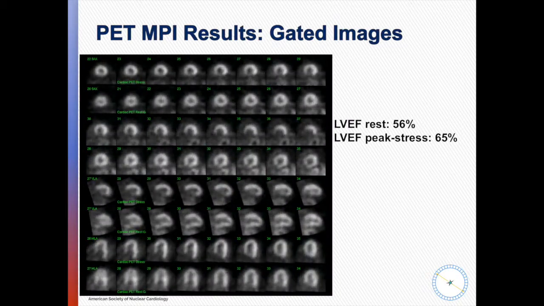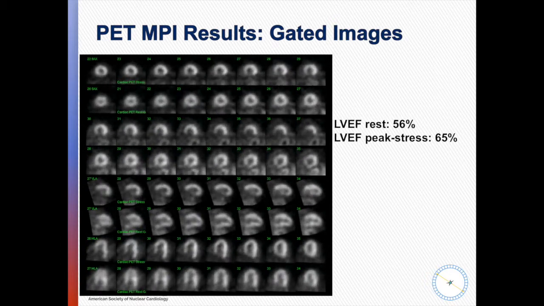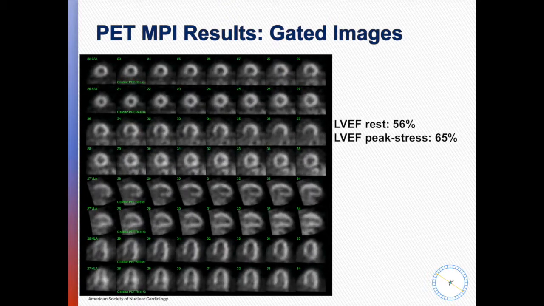I agree. So we're looking at the gated function, looking at left ventricular ejection fraction, and again the stress images are shown up top, and the rest is shown in the bottom. And as you can see, left ventricular ejection fraction did improve from rest to peak stress.